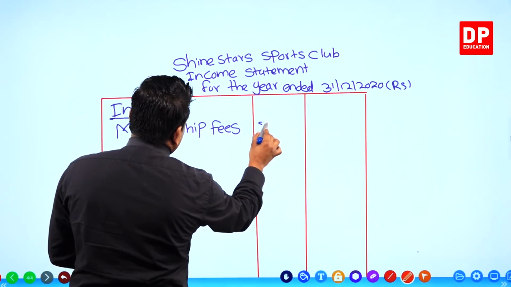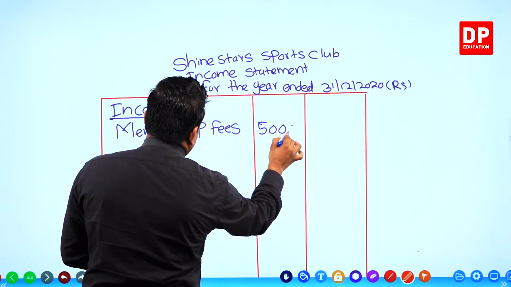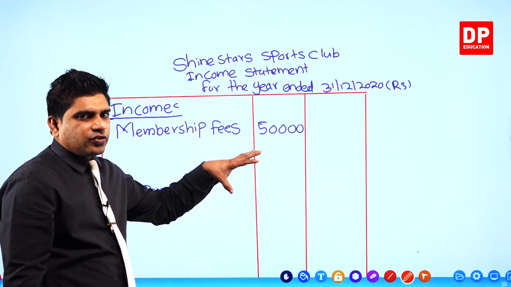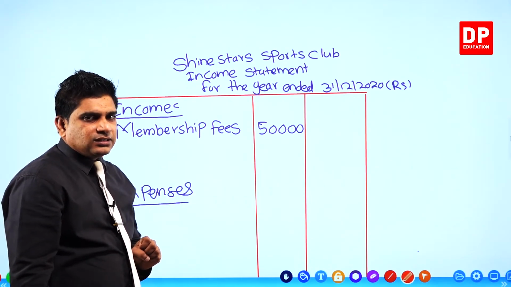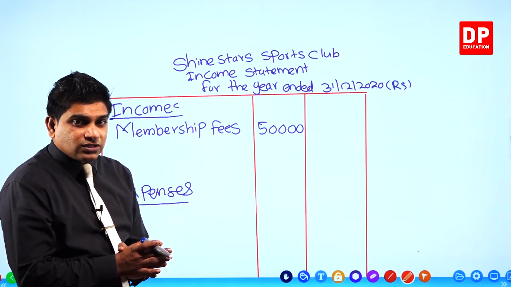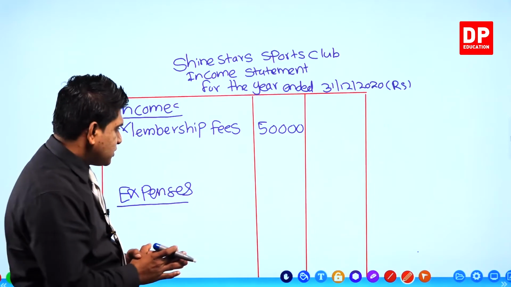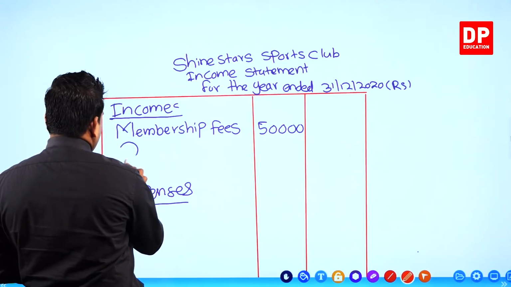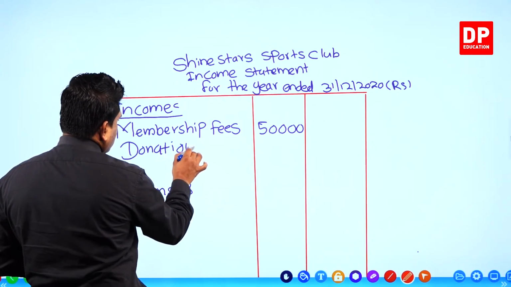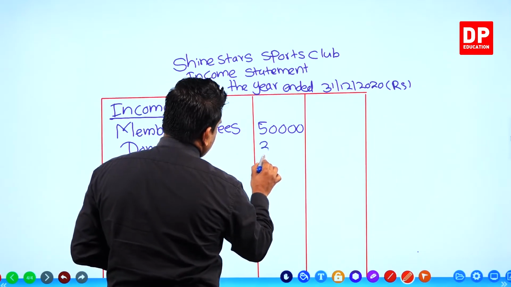I put 50,000 here because it is the membership income for the year. Received donation 30,000. You put 30,000 under donation, as this is a received donation.